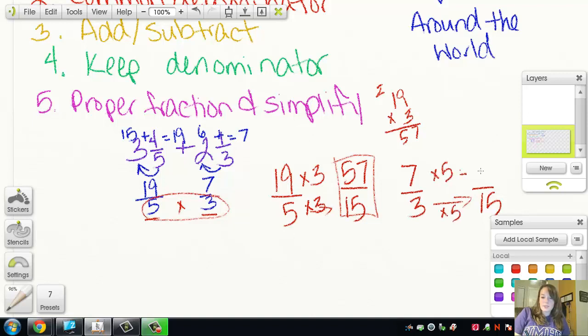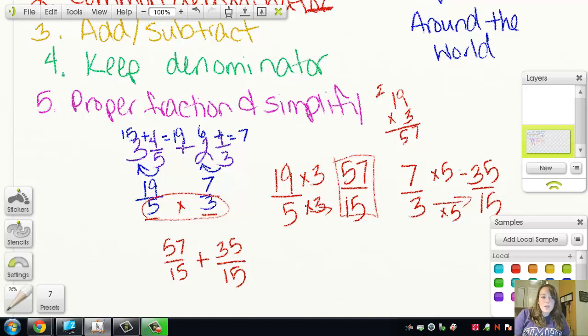And I'm going to get 35. 7 times 5 is 35. So now I have 57 15ths plus 35 15ths. And that is completing my second step.